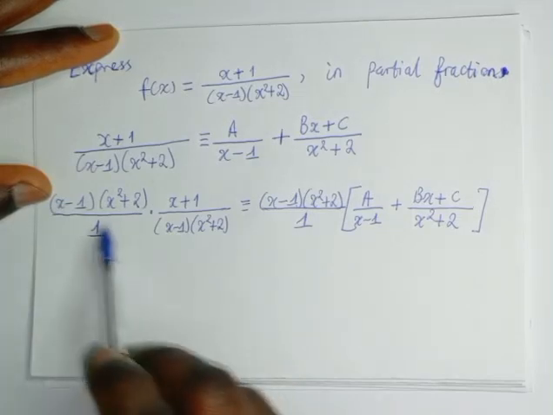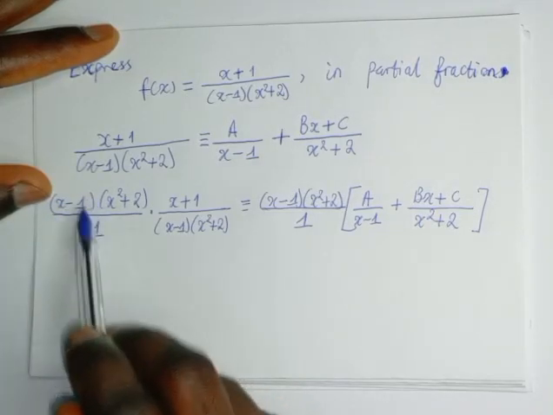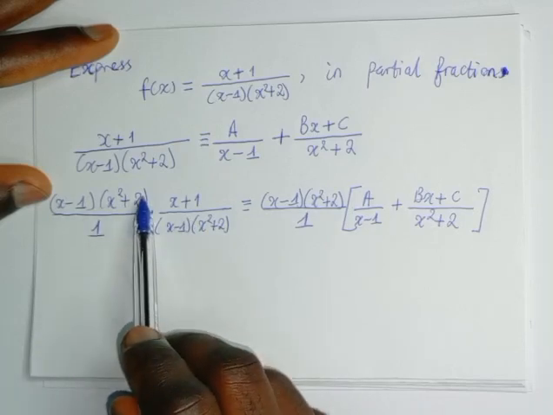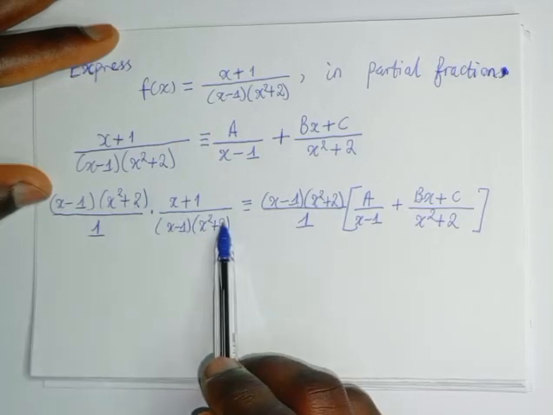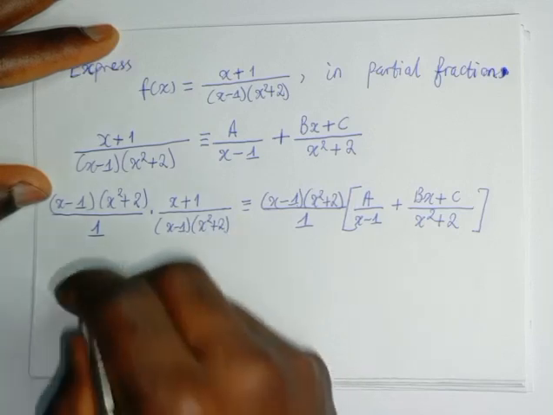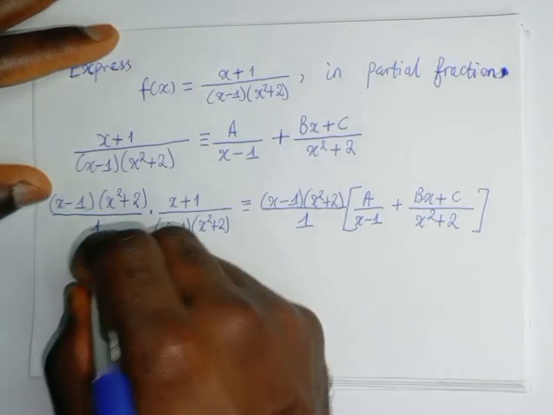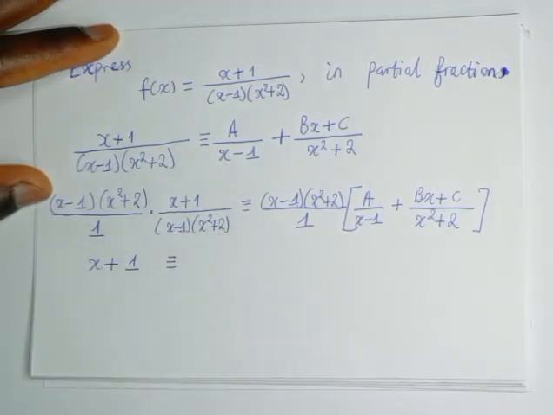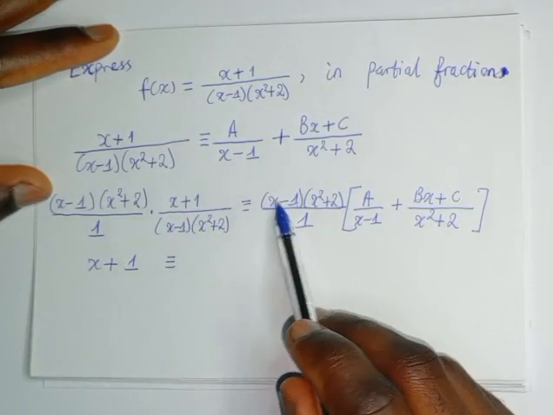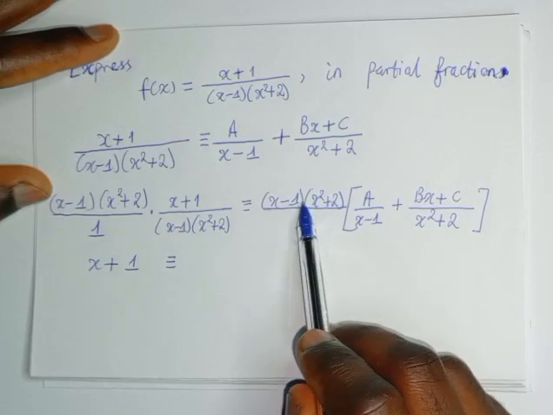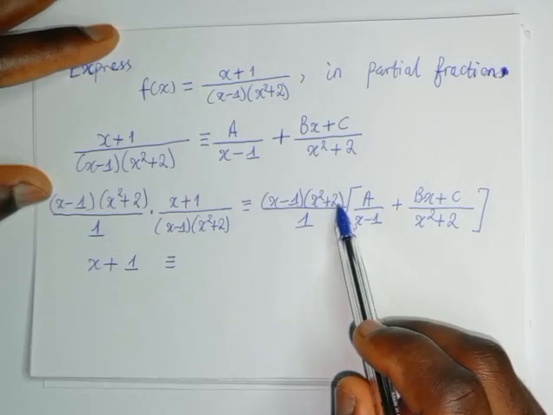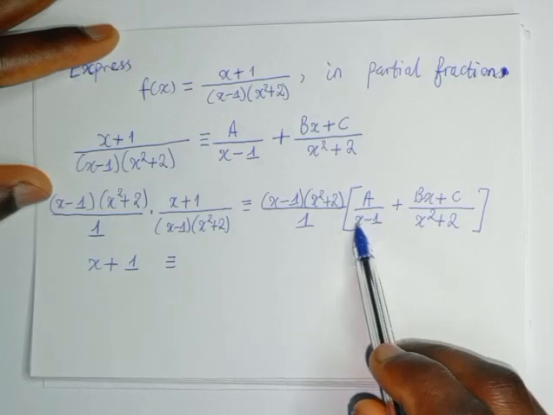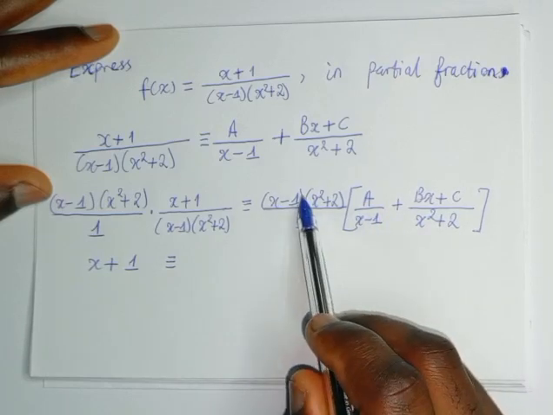And this will give us, you see at the left hand side, x minus 1 will strike off x minus 1 at the denominator here. X squared plus 2 at the numerator will strike off x squared plus 2 at the denominator here. So at the left hand side, we'll be left with x plus 1 is identical to, we take x minus 1 times x squared plus 2 at the numerator here, we multiply by a all over x minus 1. X minus 1 will strike off x minus 1.